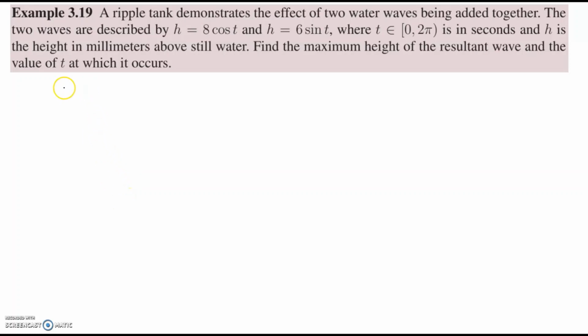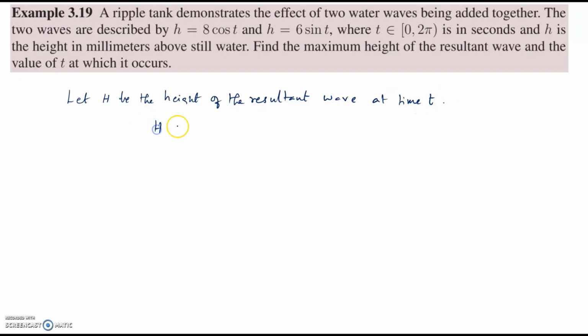Now, what we're given here is that the height of the wave is the sum of these two functions, 8 cos t and 6 sin t. So let h be the height of the resultant wave at time t.